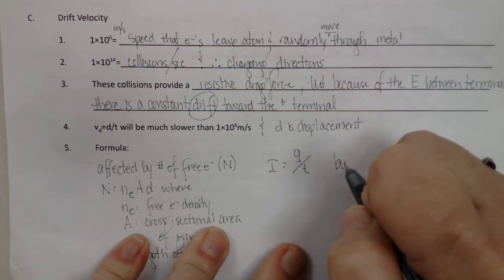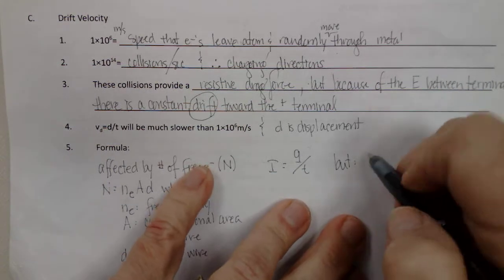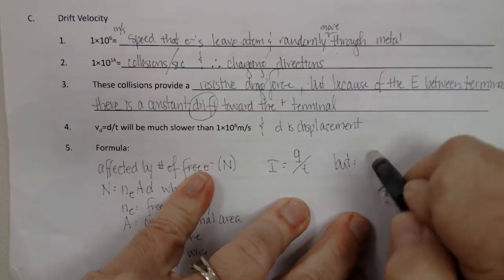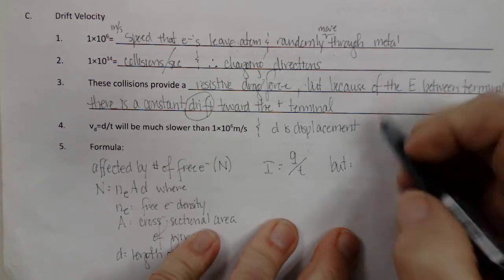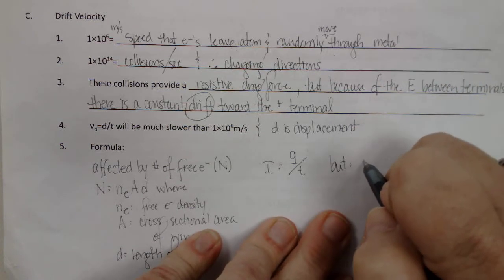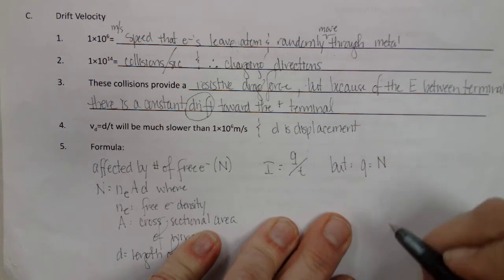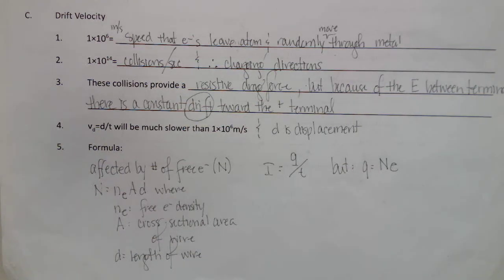But I can define my charges, which are based on my number of electrons. Charge is really the number of free electrons times e, which of course means the charge on an electron, 1.6 times 10 to the negative 19.